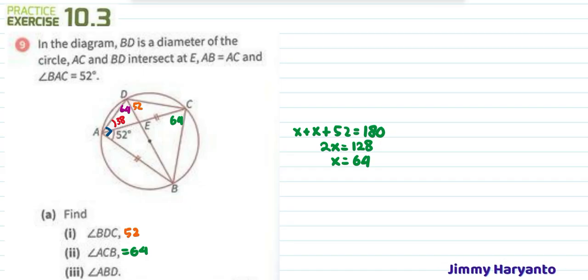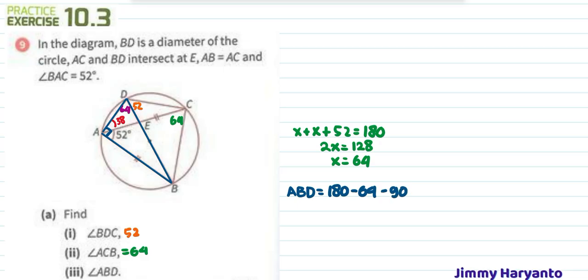And then to find that one, we will use the triangle like this. Okay, so to find the ABD equals 180 minus 64 minus 90 equals 26. So this one is 26.